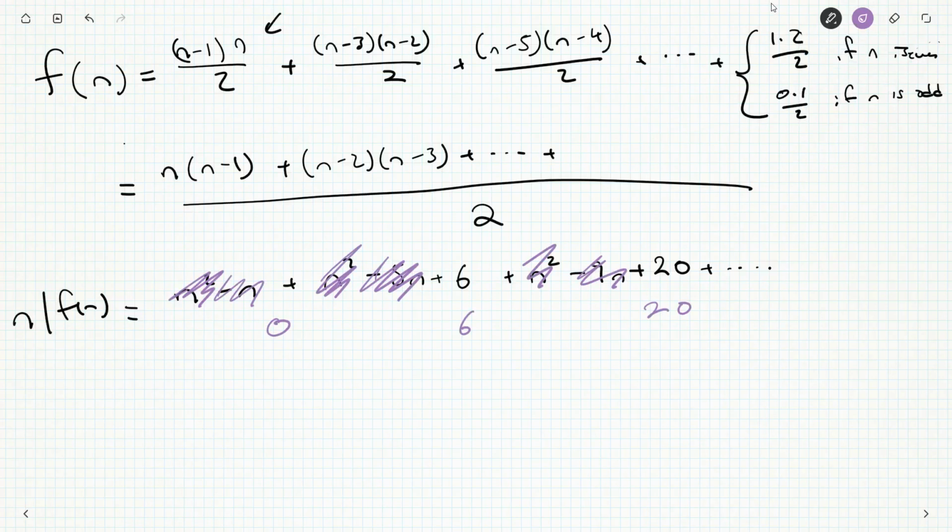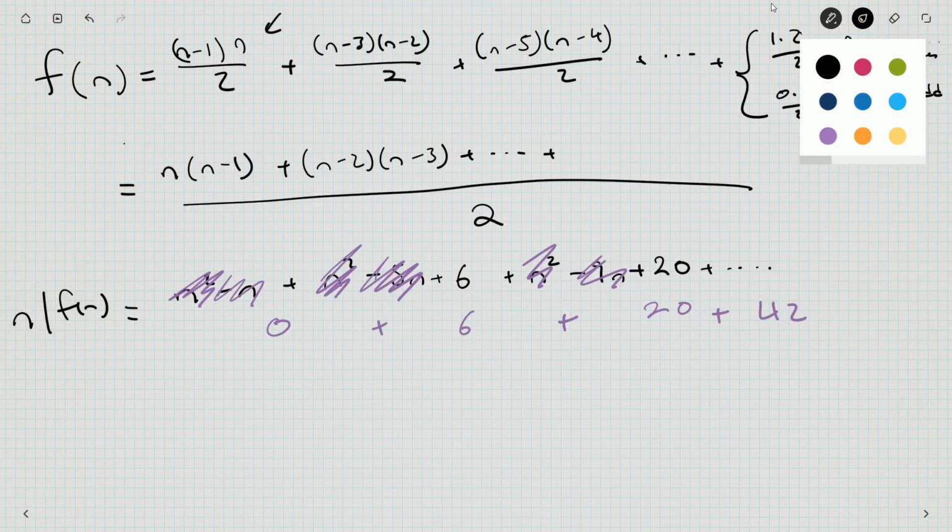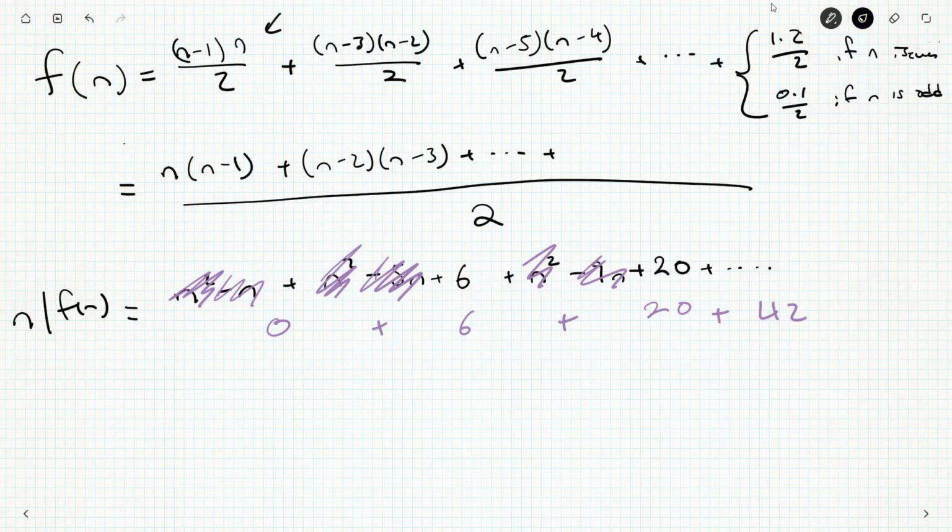The next one will be 6 times 7, so 42. Does n divide these? That's what I need to worry about. Okay, so the question is which n's, and how far do I go here, and what are these numbers? 0, 6, 20.